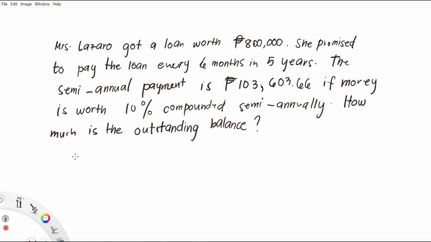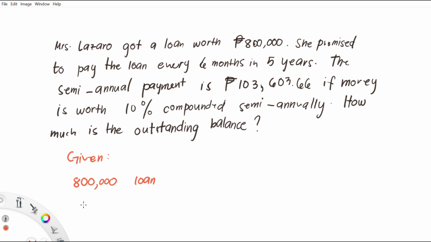So we write the given values first, and we have the loan worth 800,000 pesos. She promised to pay the loan every 6 months in 5 years.